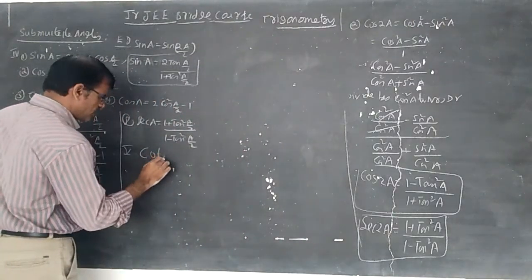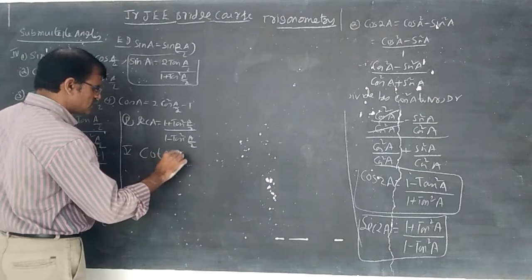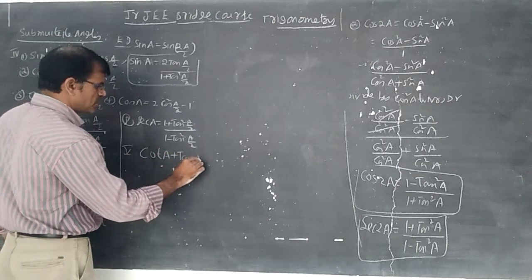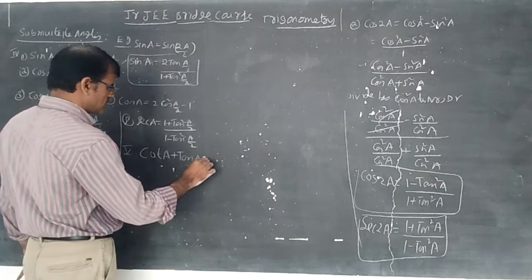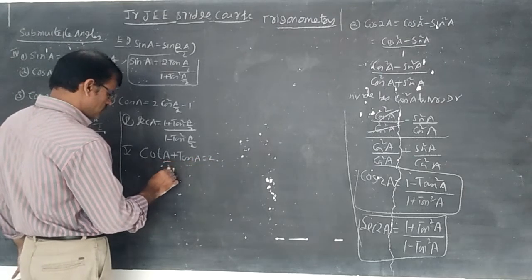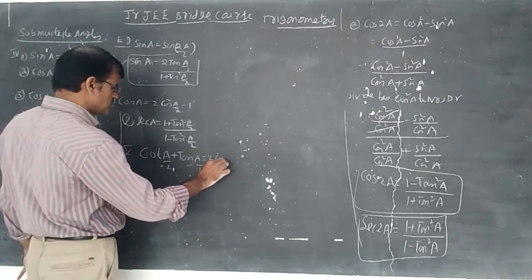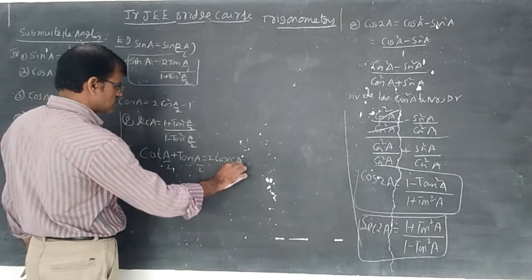We used the formula cot A plus tan A is equal to 2 cosec 2A. So now we can write cot A by 2 plus tan A by 2 is equal to 2 cosec A simply.